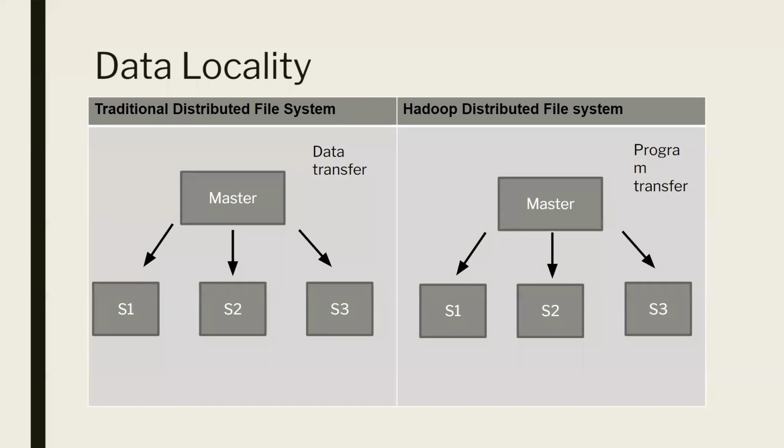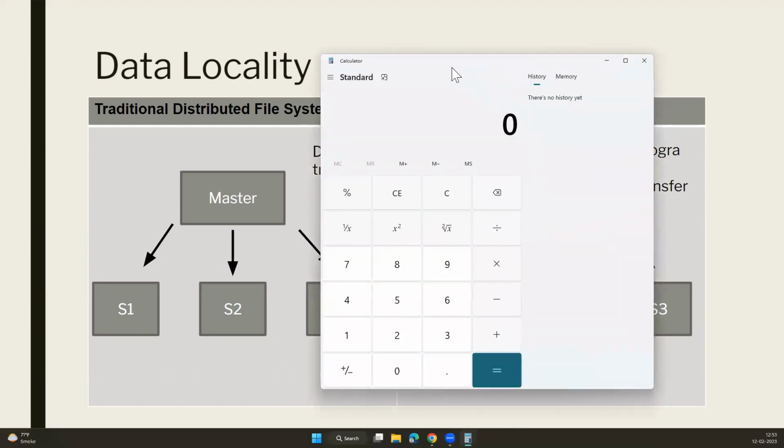Yes, but if you remember, yesterday we were saying that data will be stored in terms of blocks, and by default block size will be 64 MB. So think of it as data being divided.